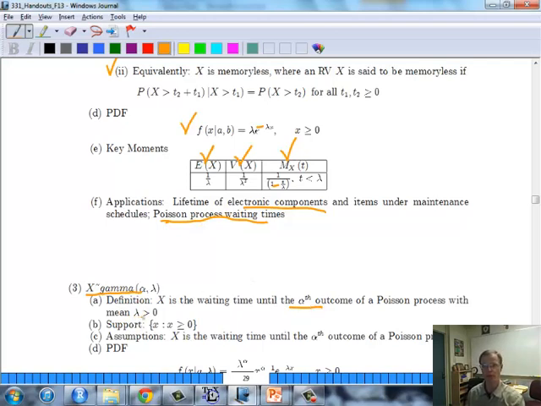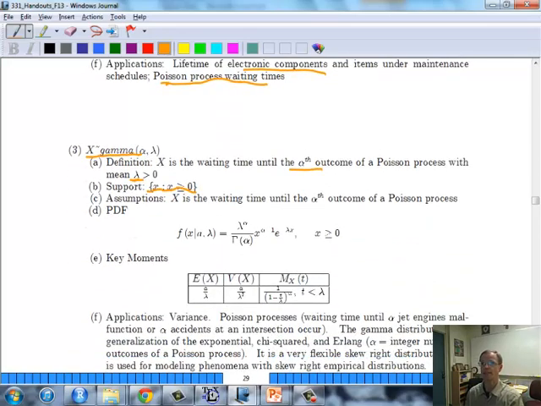And again, the Poisson process has parameter lambda. Okay, so the waiting time is continuous, and it just has to be greater than 0, just like the exponential. And so we're going to go ahead and see how this is derived. It's got a funky looking distribution, including this weird gamma function down here.